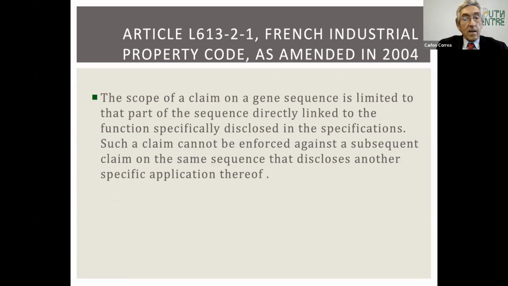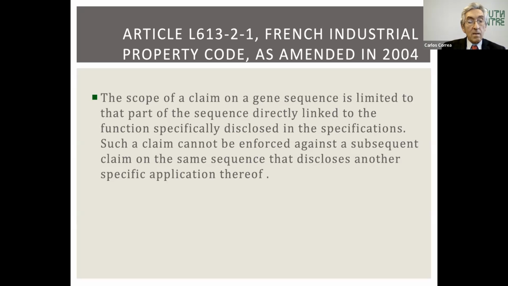Well, here is an example of how French law, this also included in other European laws, limit the scope of patentability. In the case of the French Industrial Property Code, this was amended in 2004. It is said the scope of a claim on a gene sequence is limited to that part of the sequence directly linked to the function specifically disclosed in the specifications.